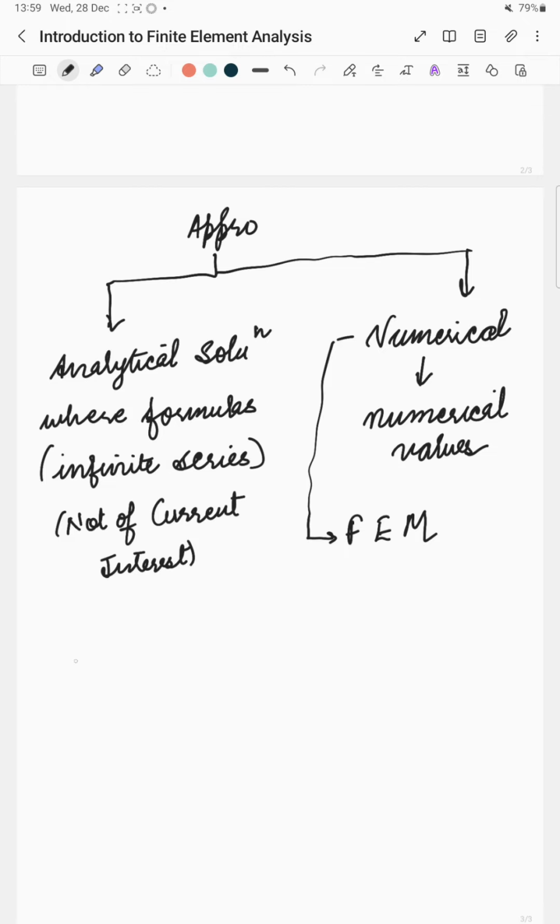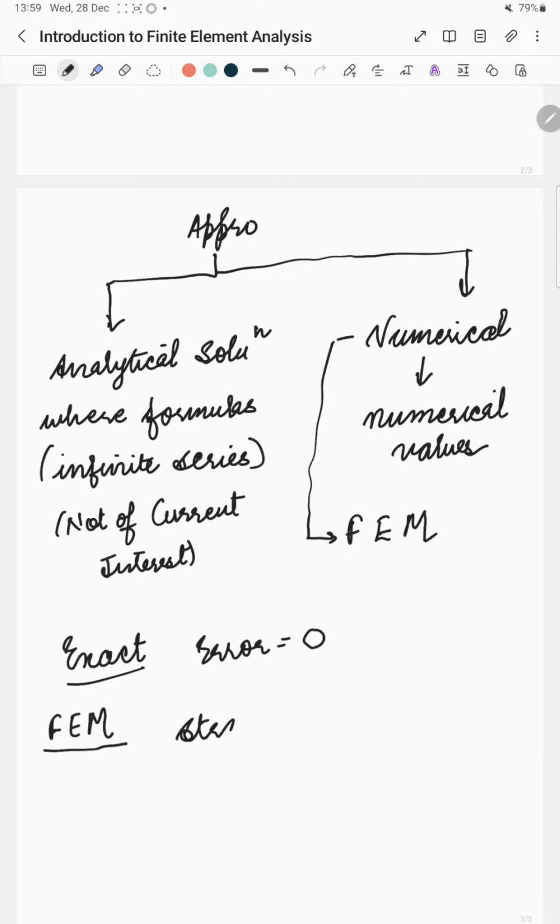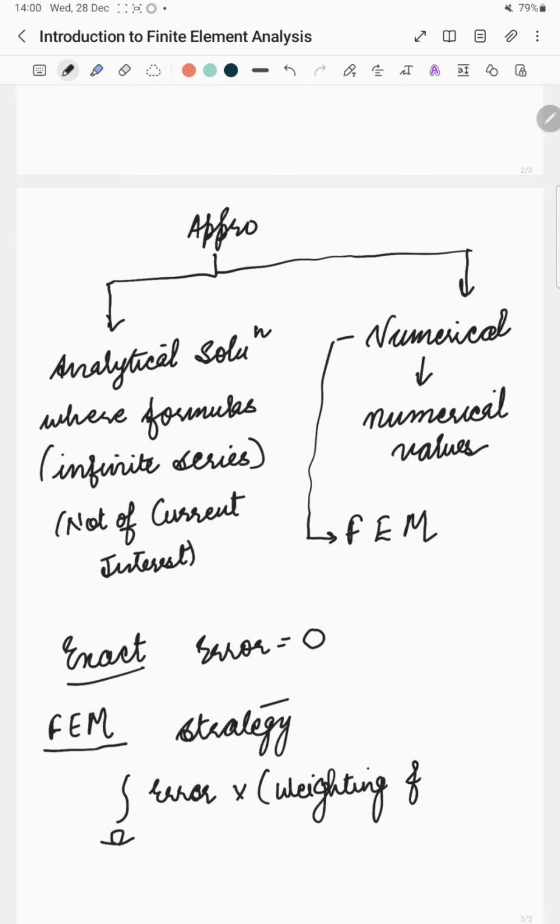As we saw in the exact method where our error was equal to 0 at all points within the domain and at the boundary, in case of finite element method, because it is very difficult to get error equal to 0 at all points, we follow a different strategy where we make these errors 0 in a weighted integral sense.